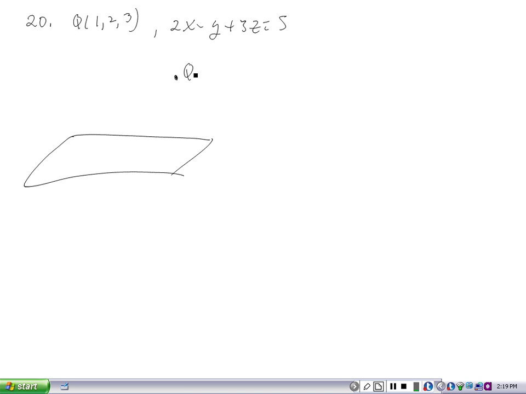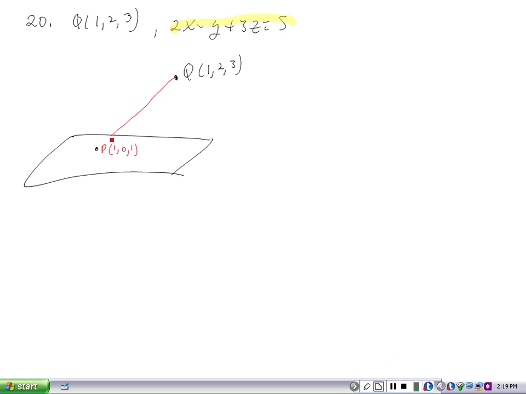Okay, anyway, Q, 1, 2, 3, and then the point P. The point P is a point derived from a combination of x, y, and z that gives you 5. So we'll call this the point P. If x is 1, y is 0, and z is 1, then you get 5.